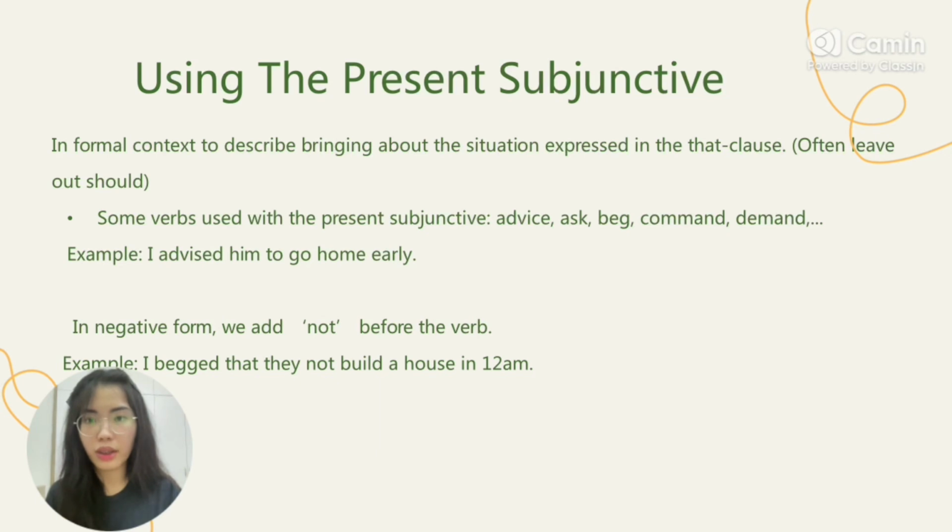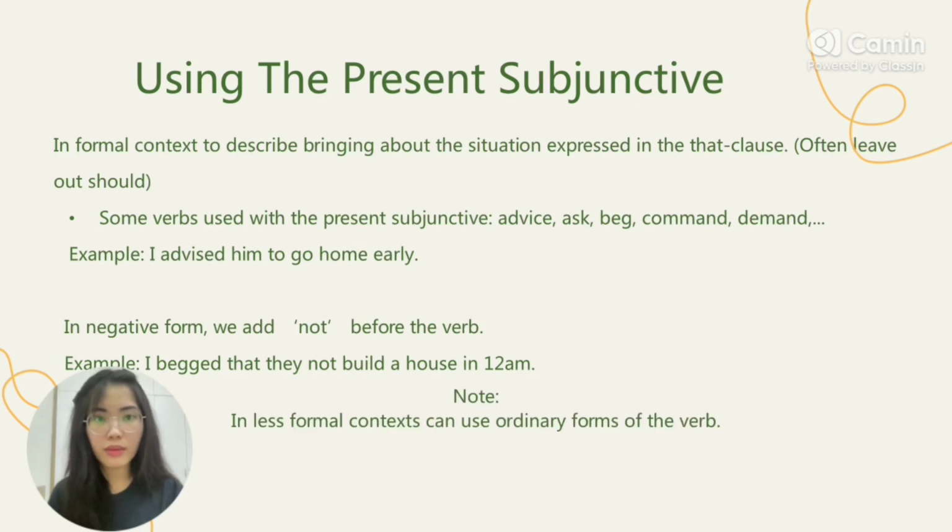In negative form, we add not before the verb. For example, I beg that he not go home at 12 a.m. It is also important to note that in less formal contexts, speakers sometimes prefer to use the ordinary form of the verb instead of the subjunctive.